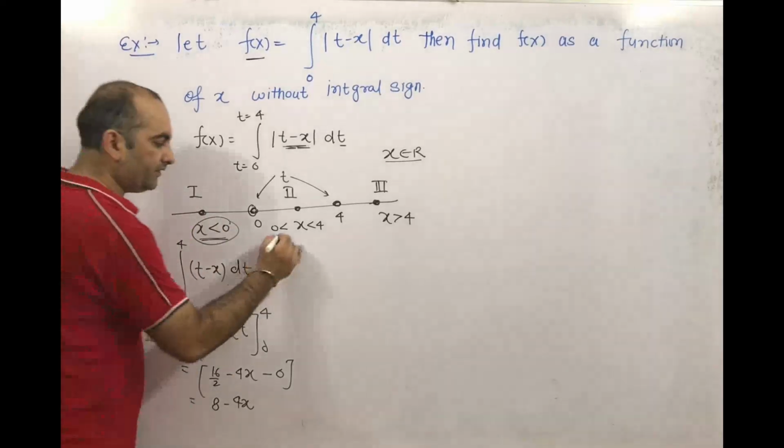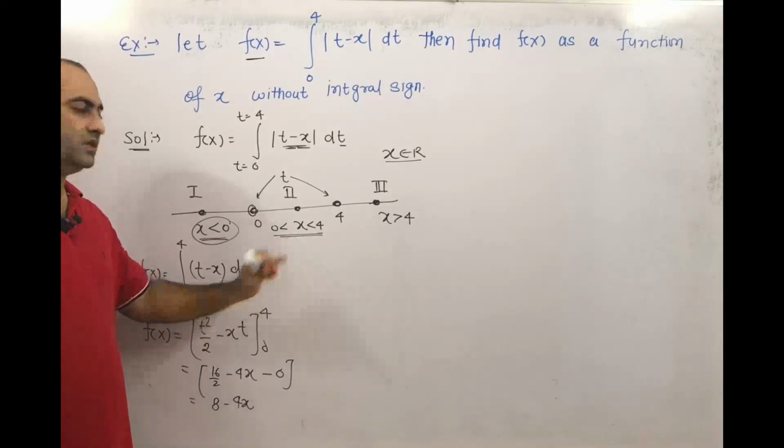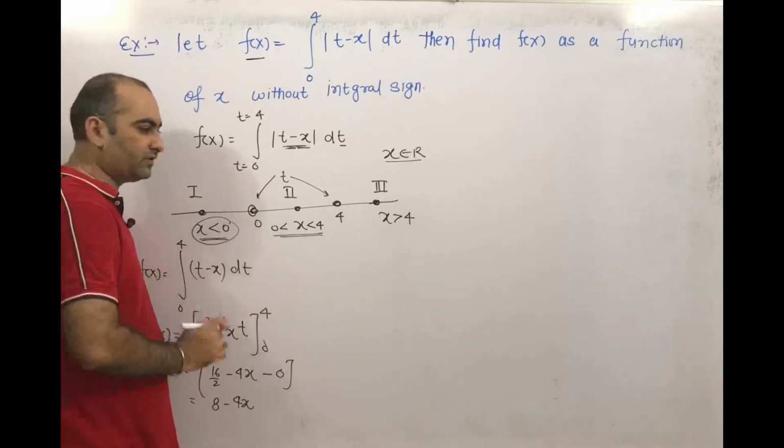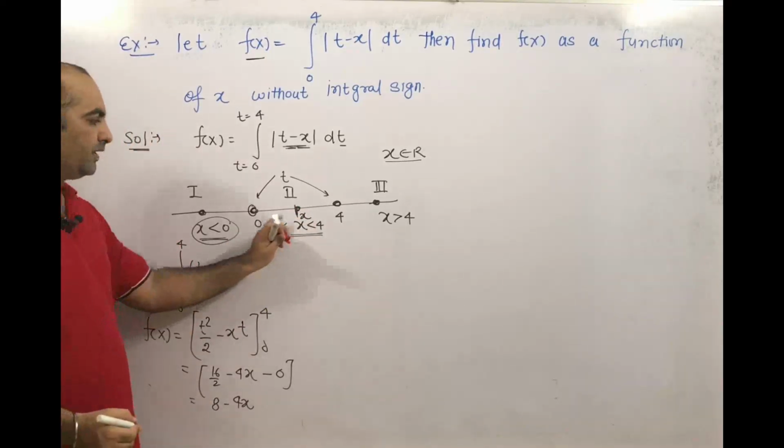Now next, if x is from 0 to 4. Suppose x is here, so 0 to x you can see.